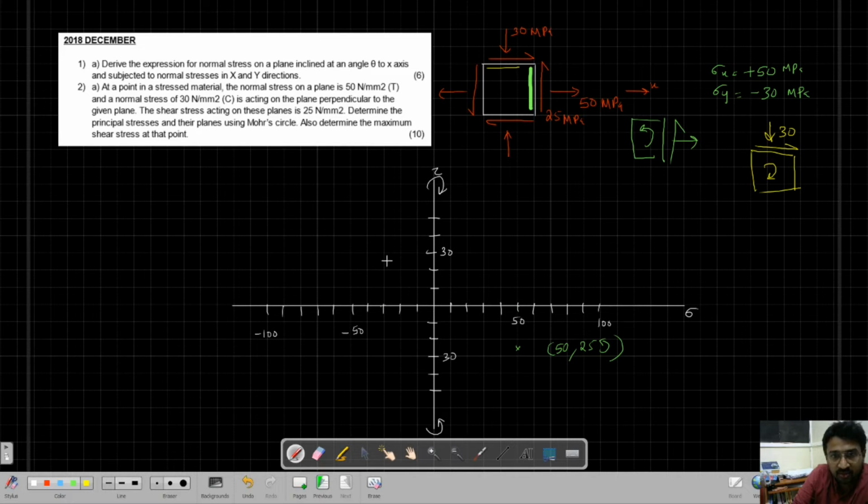So this point is nothing but minus 30 comma 25 in the clockwise direction. So we have 2 points. Now we have to connect these 2 points with a line. I am trying to connect as best I could. So this is the best. So this is 30.